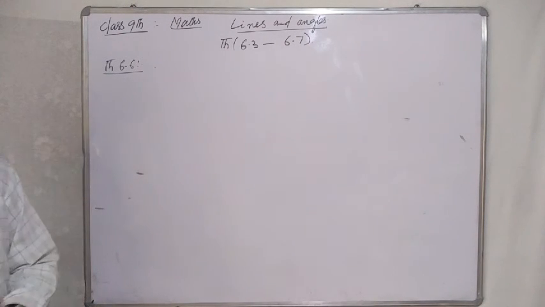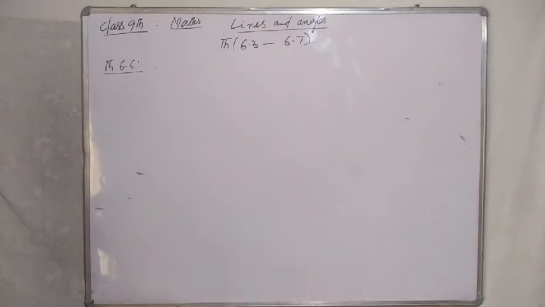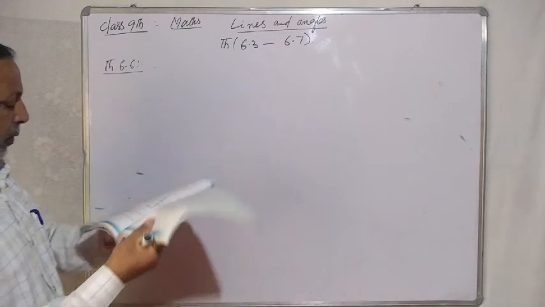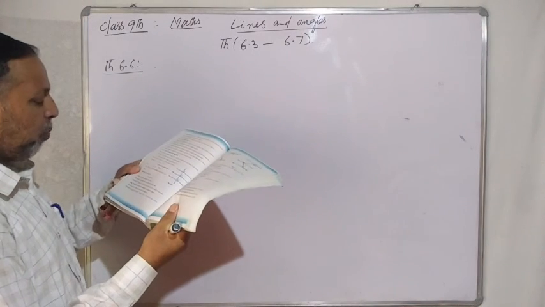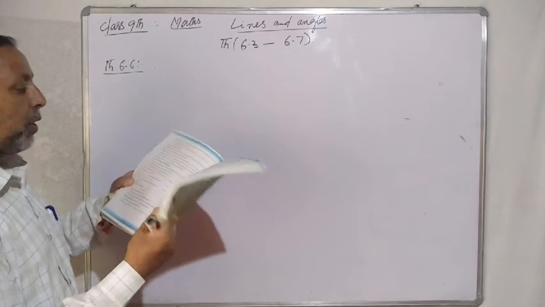Theorem 6.7 is that lines which are parallel to the same line are parallel to each other.